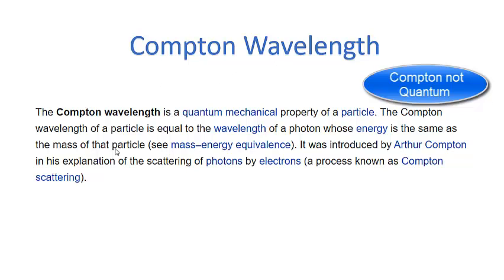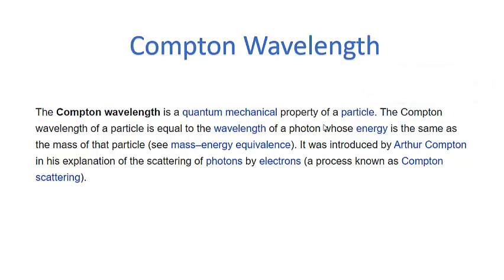The Compton wavelength of a particle is equal to the wavelength of a photon whose energy is the same as the mass of the particle. It was introduced by Arthur Compton in explaining the scattering of photons by electrons, known as Compton scattering. Now, I might do another video on Compton scattering once this video is done, and all the information in this video can be used to describe and calculate the Compton scattering.